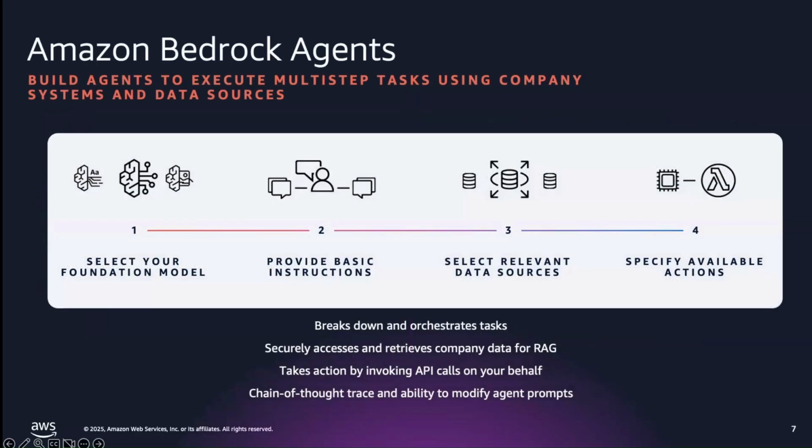Now we have been working with hundreds of customers since Bedrock agents went GA, and with Bedrock you can quickly build agents by simply describing in natural language the things that you would like the agents to handle, like processing sales orders, compiling financial reports, analyzing customer retention, and things like that.